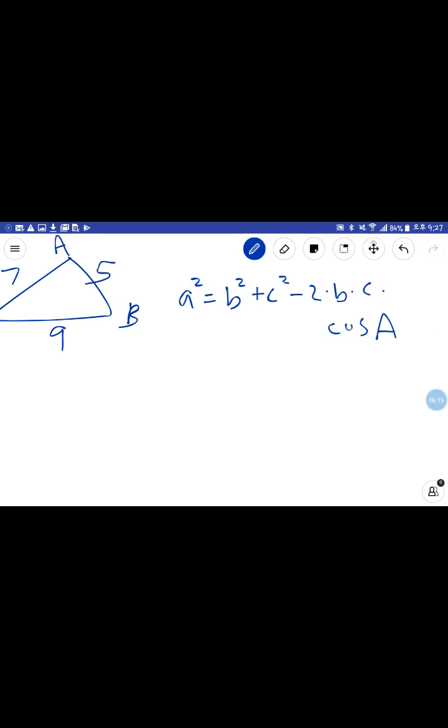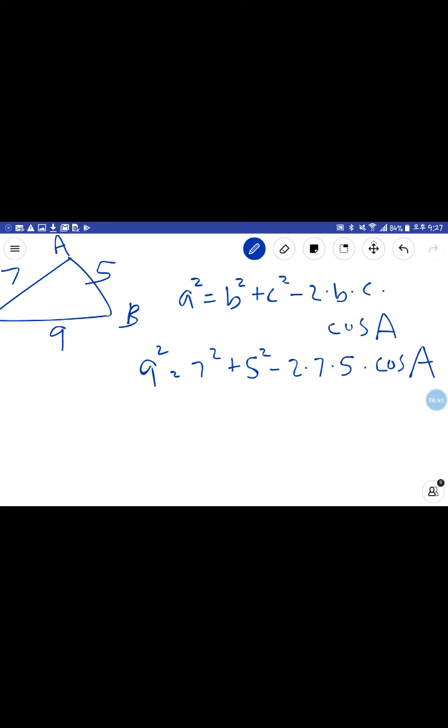Okay, so I know my side a equals 7. So 7 squared equals what? Oh, I'm sorry, my a is what? 9. So 9 squared equals 7 squared plus 5 squared minus 2 times 7 times 5 times cosine angle A. Okay, we expect to have an angle A, so we're going to use the arc cosine again.